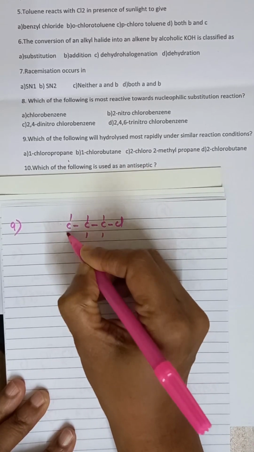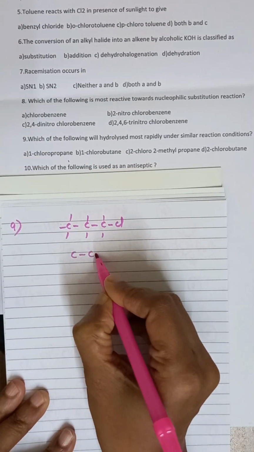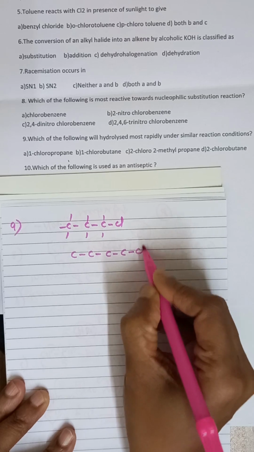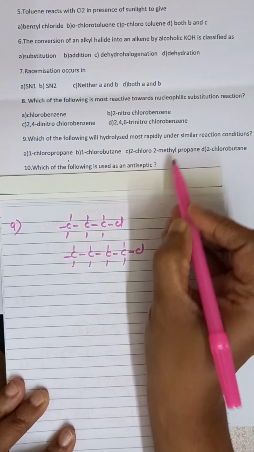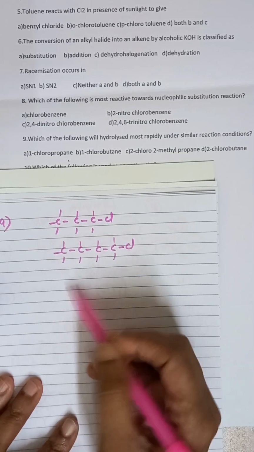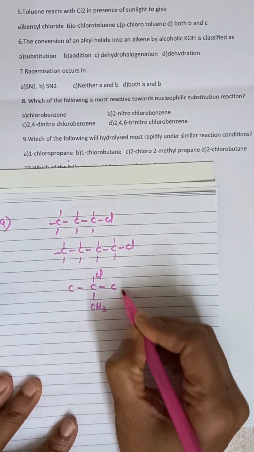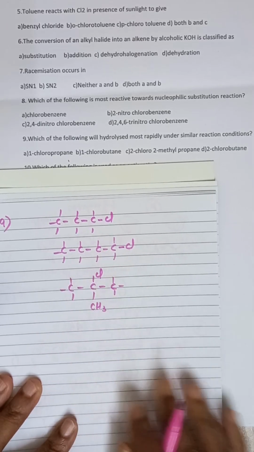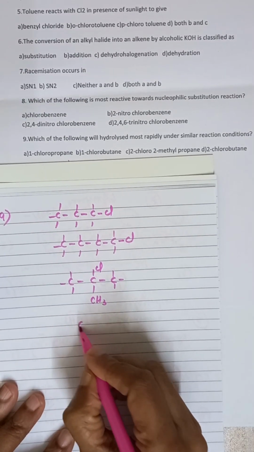This is the skeletal structure of 1-chloropropane, and the second one is 1-chlorobutane. Then 2-chloro-2-methylpropane. Then 2-chlorobutane.